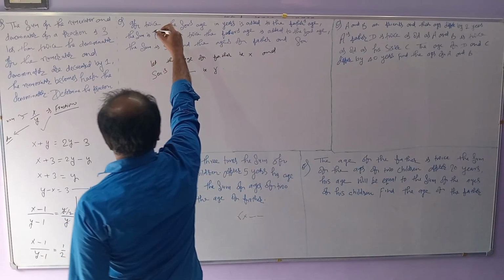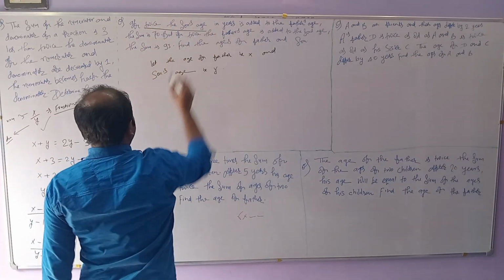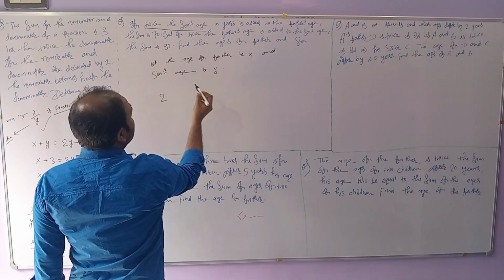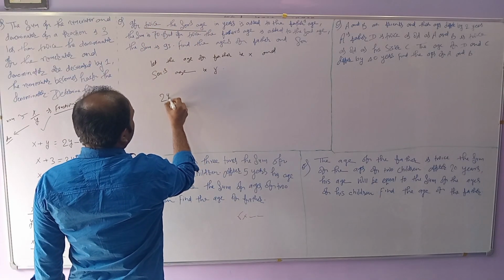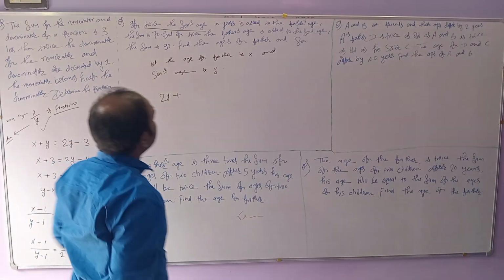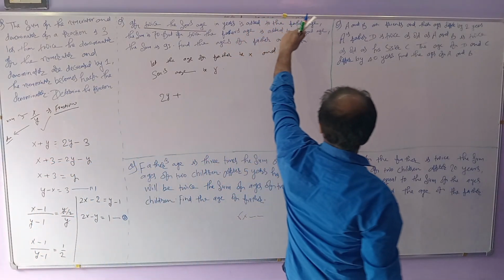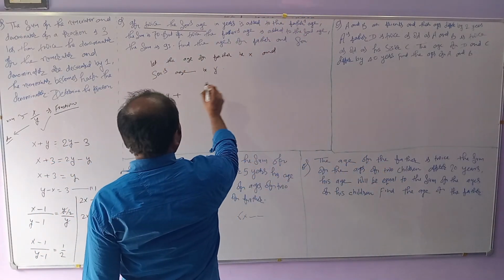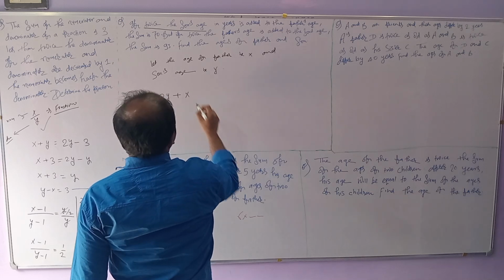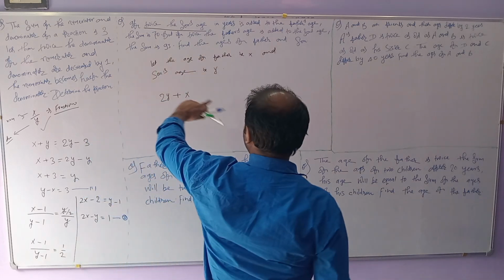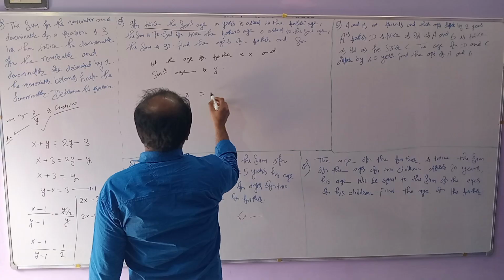If twice the son's age, 2y, is added to the father's age, which is x, that becomes 70.